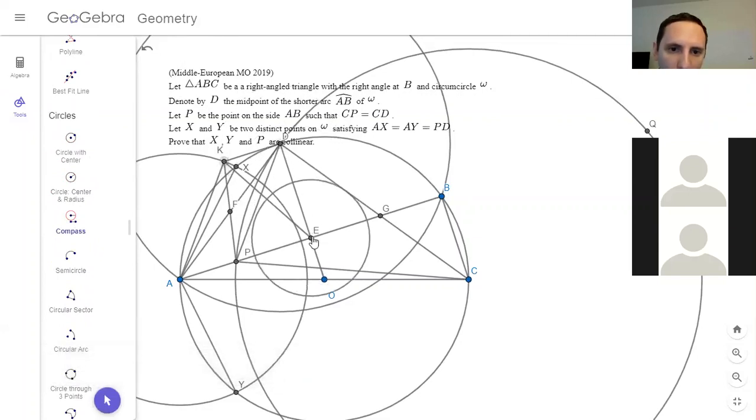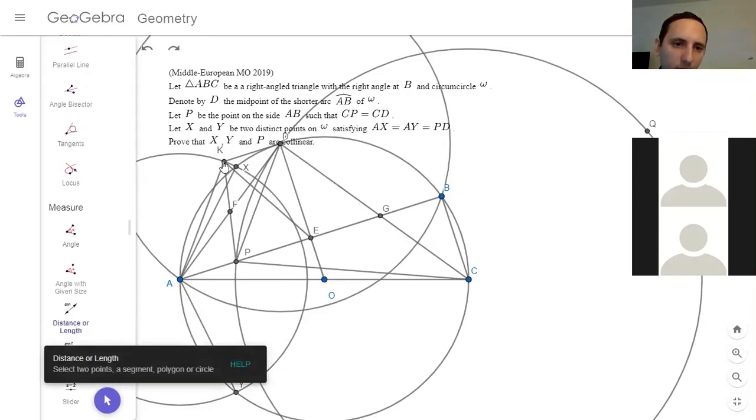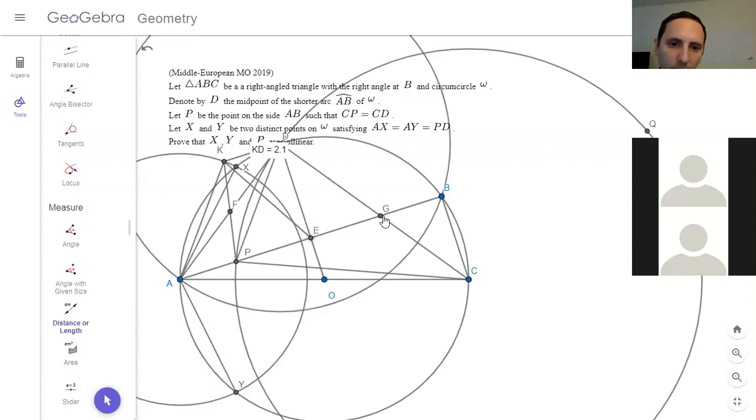There is a measure tool here too. But yeah, I don't think they're equal. So yeah, 2.1, 2.6. And how about KE and DG? They should be equal. KE and DG? Yeah.